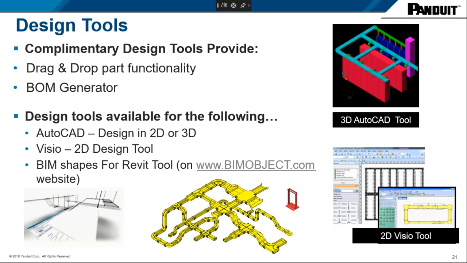And if for some reason you cannot find the shapes, please reach out to us, and we'd be more than happy to assist with any type of questions that you might have. But again, those shapes are readily available, because we understand the importance as you're doing the designs, those layouts in Visio and Revit. Those are much needed tools for our customers.